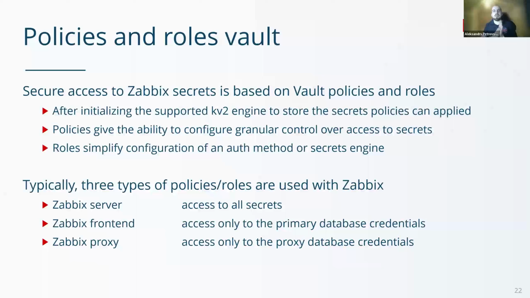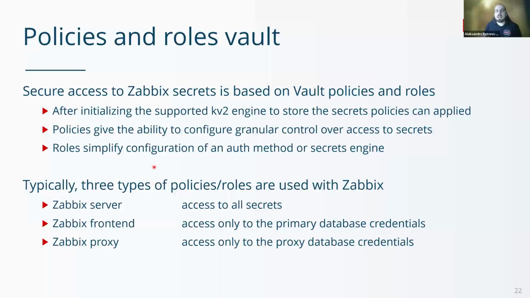And to do that, again, we will use vault policies and roles. But first, we still need to initialize the Zabbix supported KV v2 engine, right, so we can apply the policies to the data which will be stored using this engine. And then we can create roles for different components to access the data.